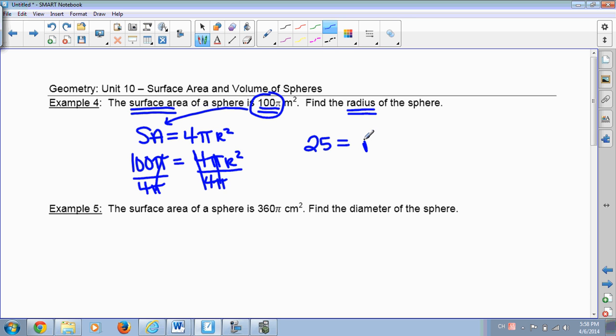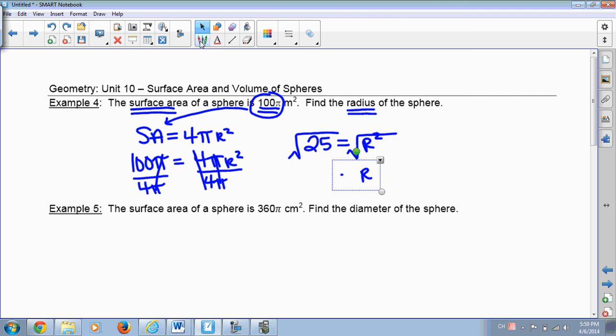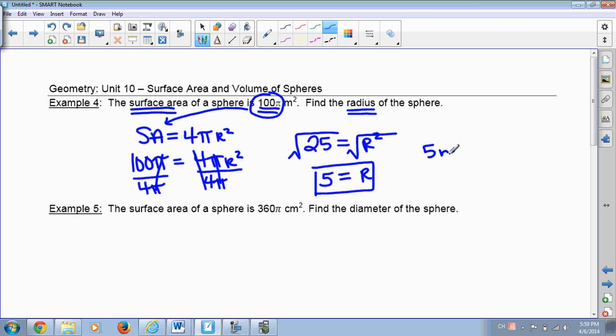So 25 is equal to r squared. And of course, to undo a square, you square root it. So the square root of r squared is r, and the square root of 25 is 5. So the radius of this sphere is 5 meters.